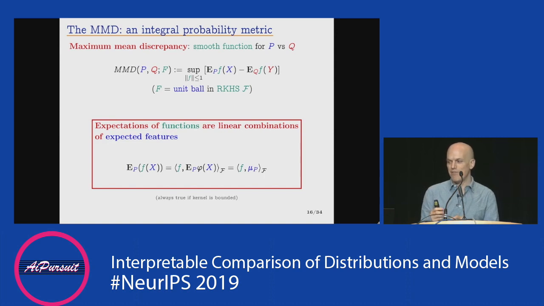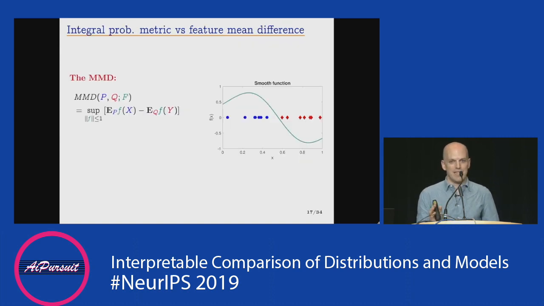So E_P of f is the dot product of f, the vector of coefficients, and E_P phi, expected features, and I'm going to denote as mu_P this vector of expected features, and we'll be using that a lot. So one nice property that the MMD has, which is true specifically for the MMD but not for other IPMs, is you can also express it in terms of a difference of expected features. Okay, so let's see how this works.